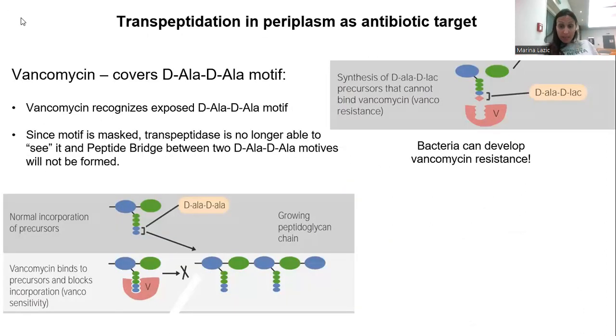Now, in terms of vancomycin, make sure to understand that vancomycin and penicillin are not the same type of antibiotics. They do have the same target in the bacterial cell; they both act on transpeptidase, but they have different mechanisms. Vancomycin literally covers the D-Ala-D-Ala motif, and when it's covered, masked, transpeptidase cannot recognize it.